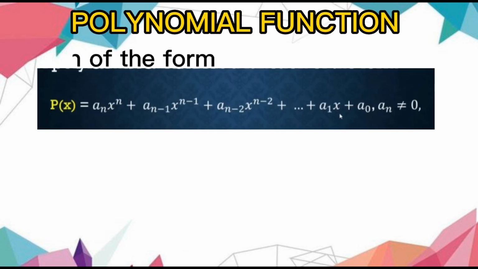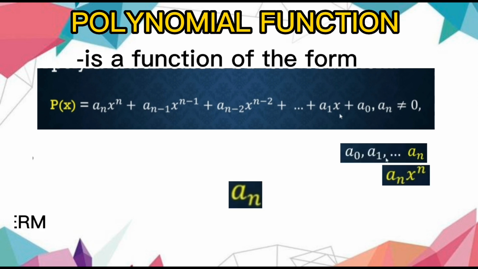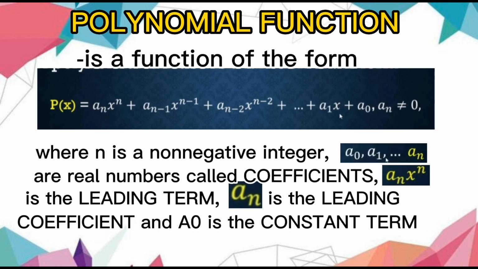So what is a polynomial function? A polynomial function is a function of the form p of x is equal to a sub n x raised to n plus a sub n minus 1 x raised to n minus 1 plus a sub n minus 2 x raised to n minus 2 plus a sub 1 x plus a sub 0, where a sub n is not equal to 0, where n is a non-negative integer, and a sub 0, a sub 1, until a sub n are real numbers called coefficients.